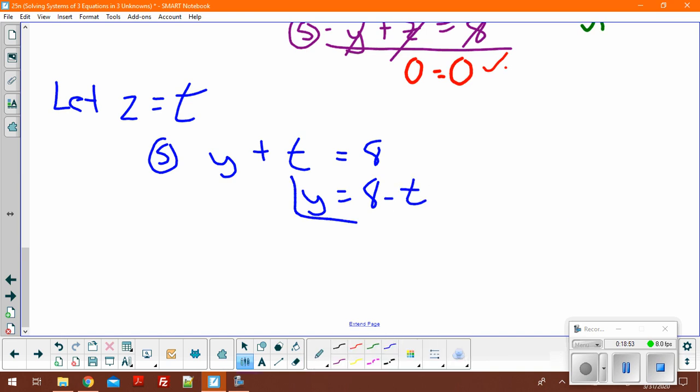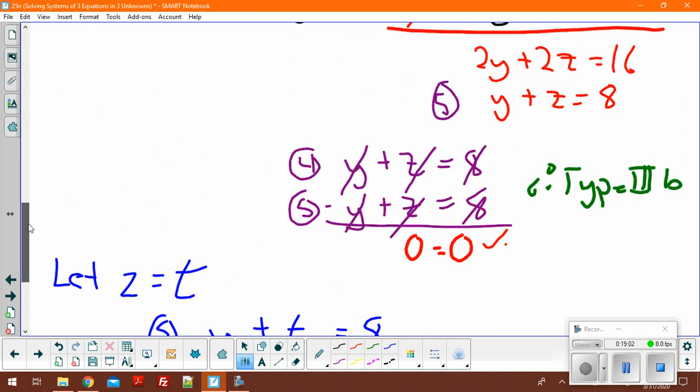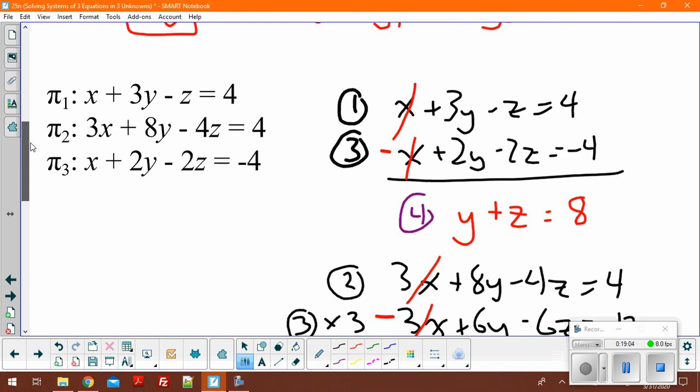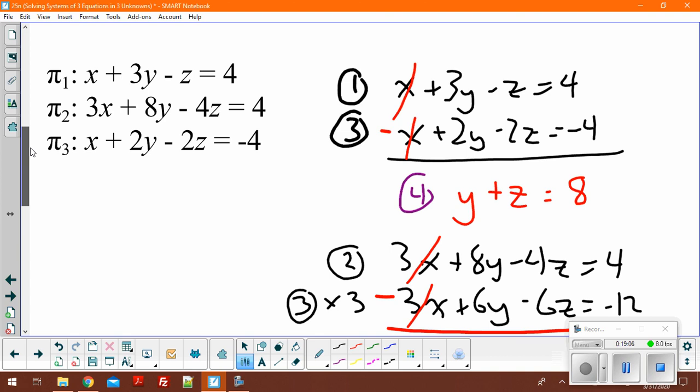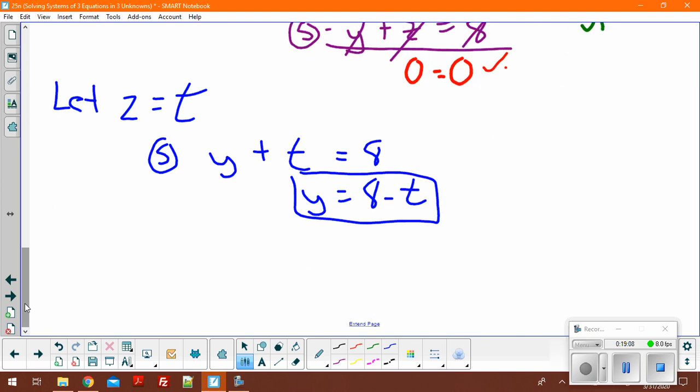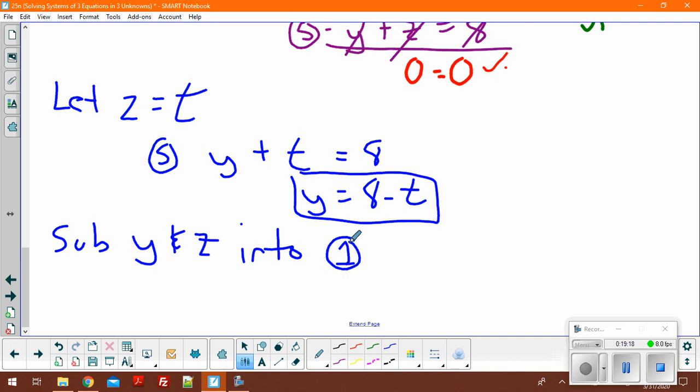There's my second parameter. For my third parameter, I need to go back to one of my original equations and sub in both y and z. Let's say I take the first one, so sub y and z into equation 1.